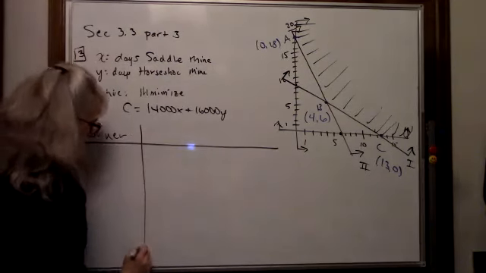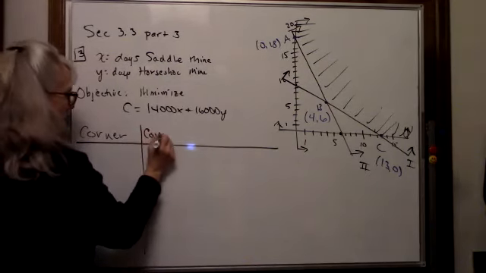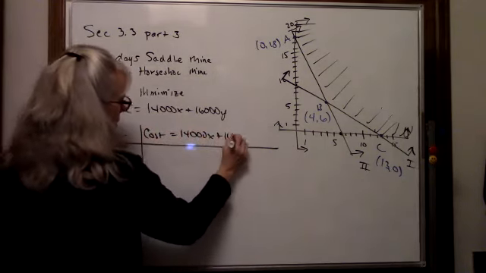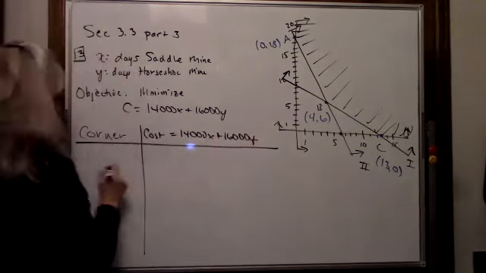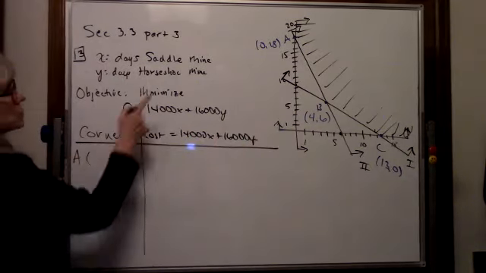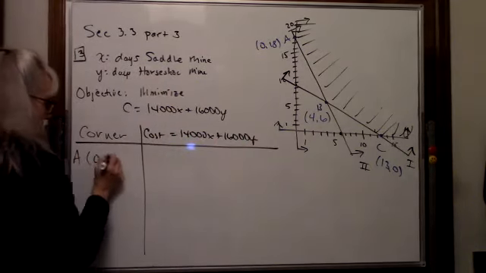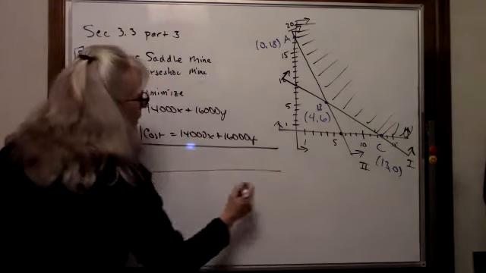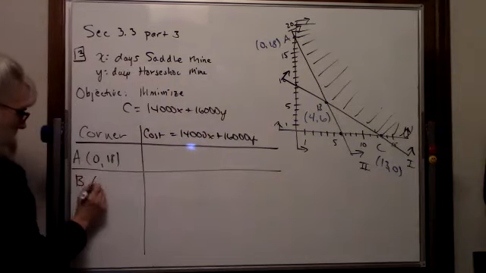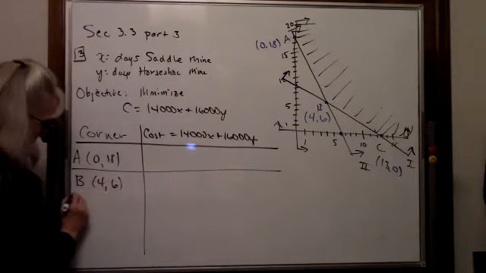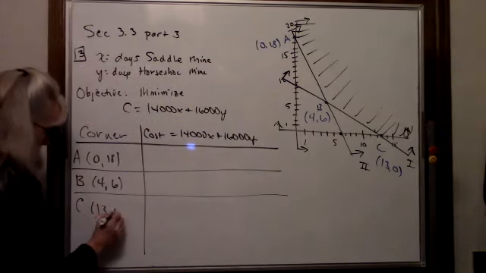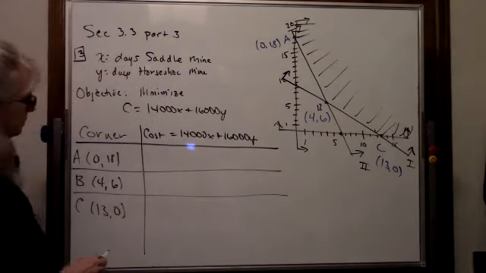And then here's our cost, which was 14,000x plus 16,000y. Okay, so we had A, which was up there at 0, 18. We have B, which is 4, 6. And then we have C, which is 13, 0.